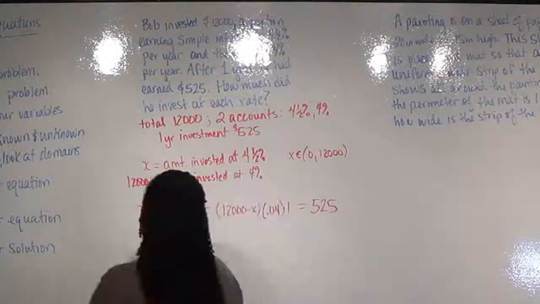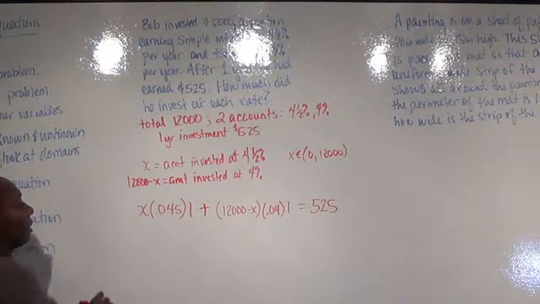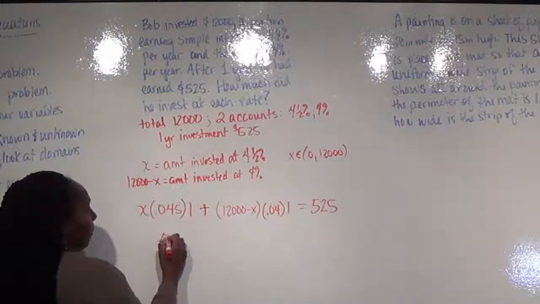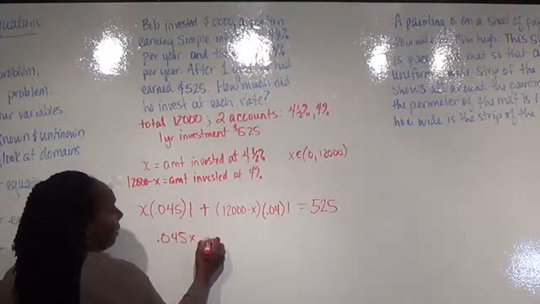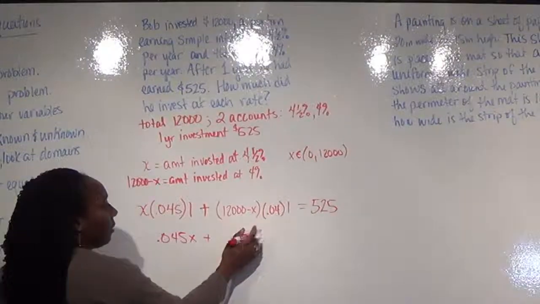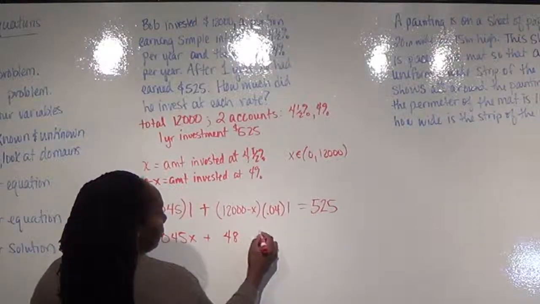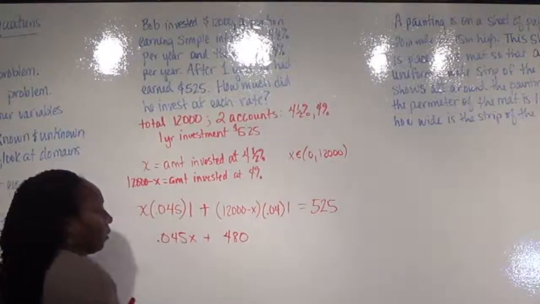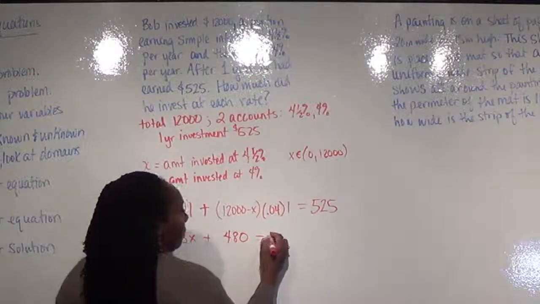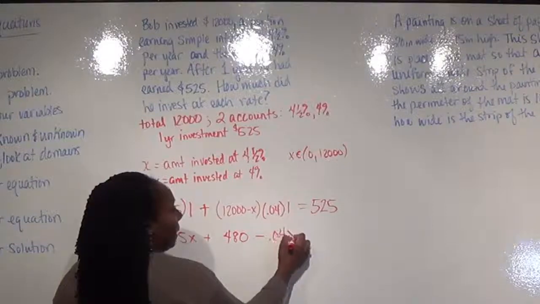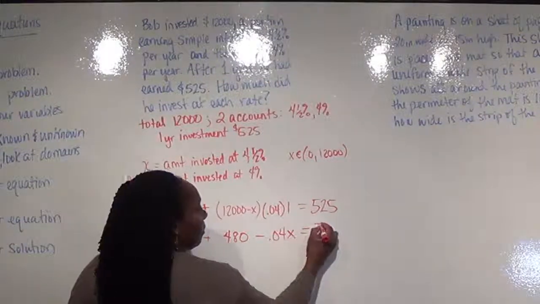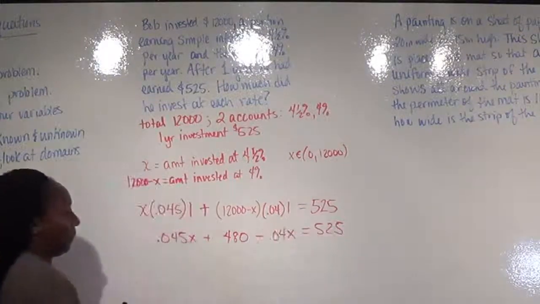Okay. So to solve, I'm going to go ahead and multiply out. So we'll get a 0.045x plus multiplying out here. Looks like a 48. We'll get 3 zeros, but I'm going to take 2 of them away, so that's 480 minus 0.04x has to equal 525.